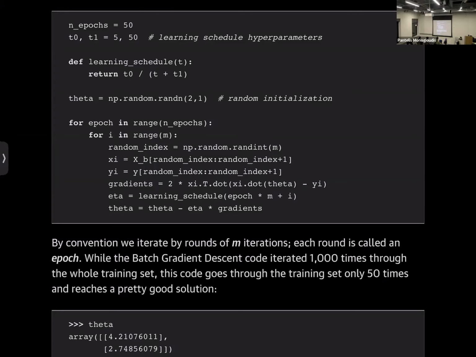What a learning rate schedule means in practice is that it starts from a larger learning rate and gradually reduces it as the number of iterations goes towards the minimum. It makes some sense because in the neighborhood where the global minimum is, we want to not overshoot too much.